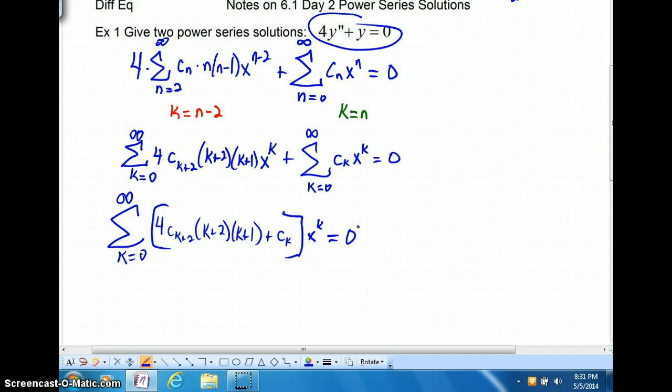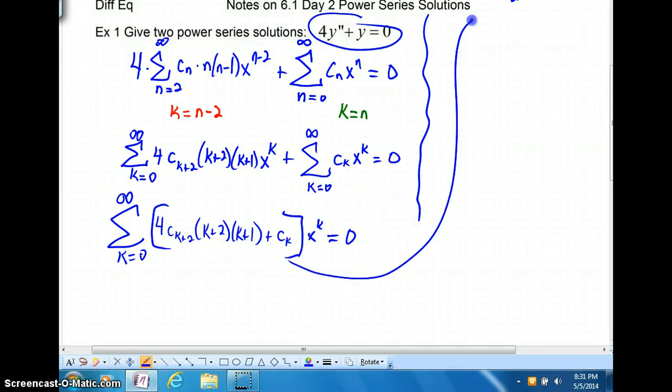If this is really equal to 0, this coefficient out in front of x to the k should be headed towards 0. So I'm going to write just what I have in the brackets here: 4 c sub k plus 2 times k plus 2 times k plus 1, plus c sub k, set equal to 0.